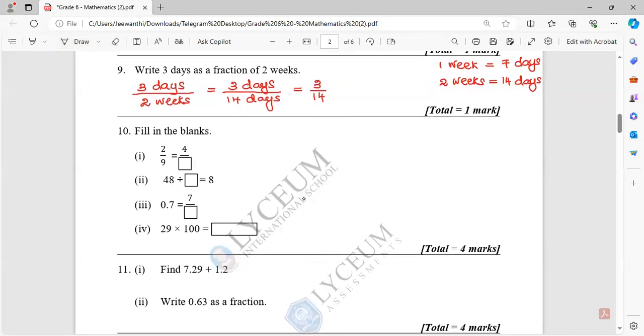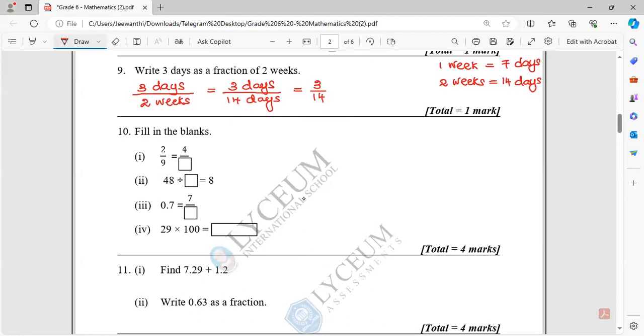So the next one, you want to fill the blanks, right? You just see, children, how the 2 was converted to 4, multiplying by 2, right? So you do the same thing to the denominator. 9 times 2, 18, right? 48 you divide by something to get the answer 8, that is 6. 0.7 you can write 7 over 10.